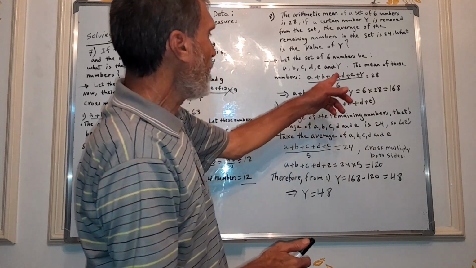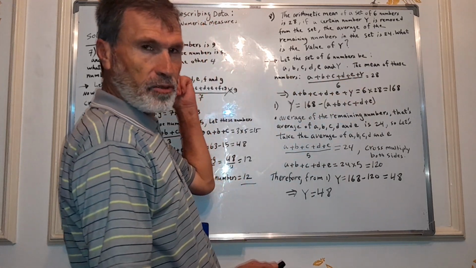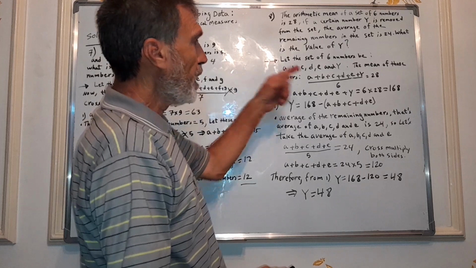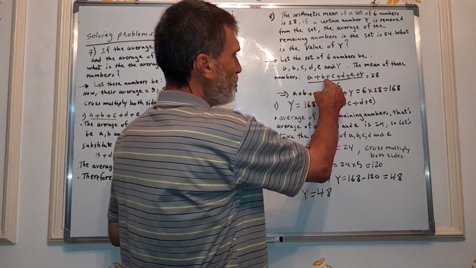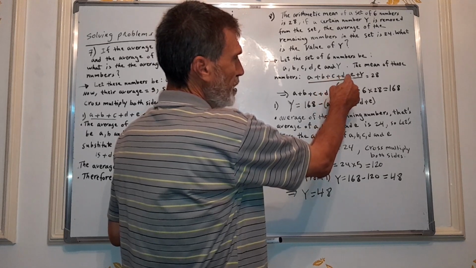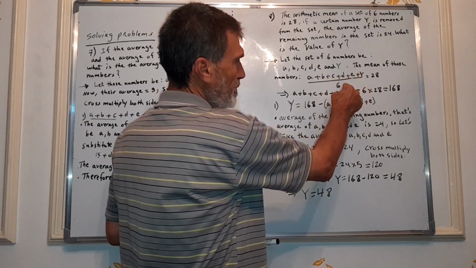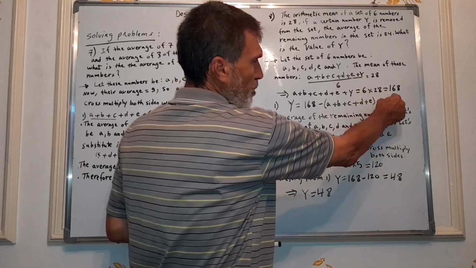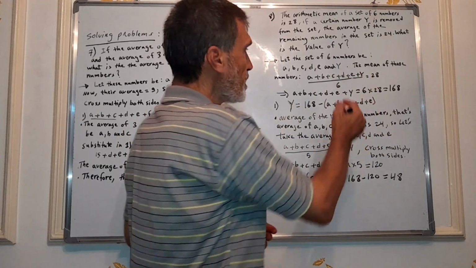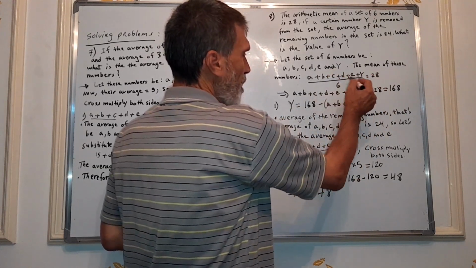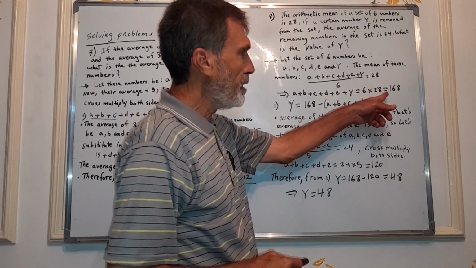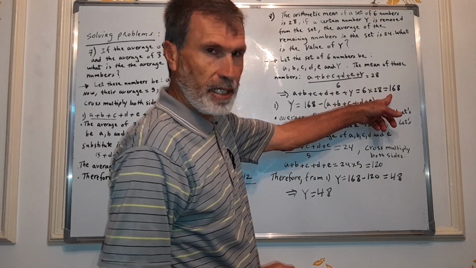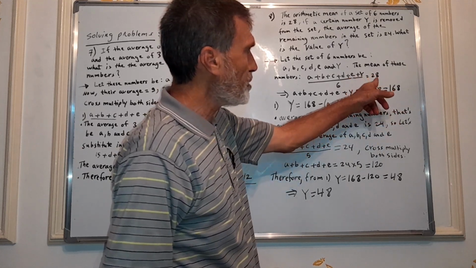So now I cross multiply as I did in the previous question, and they come up A plus B plus C plus D plus E plus Y equals 6 times 28. We get 168. So the sum of all these numbers now is 168.